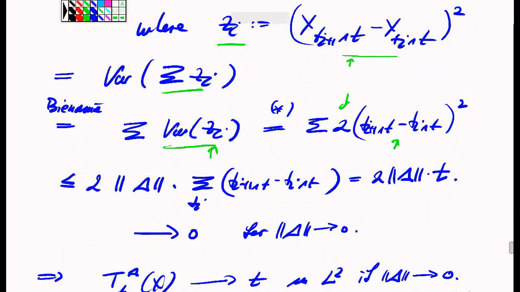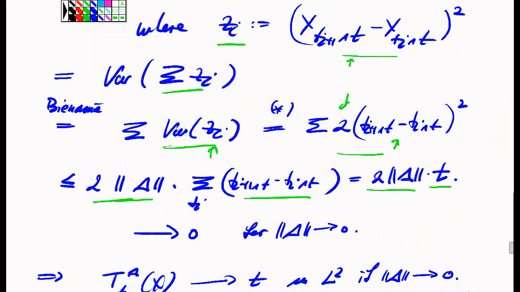And in particular, in this sum, I can take out, as before, the maximal difference that appears in the sequence of t_i, which is the definition of the mesh size of this partition delta. And what remains then is the sum of the increments of the t_i numbers, which of course is just capital T by a telescopic sum.